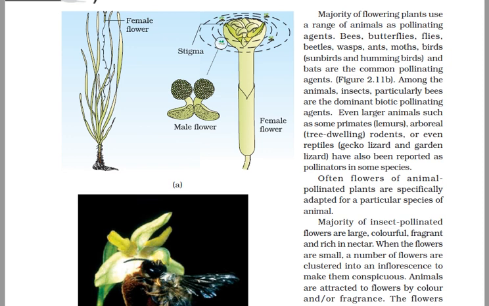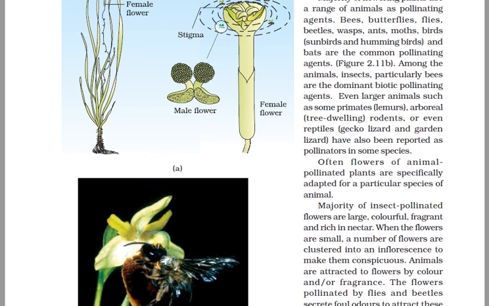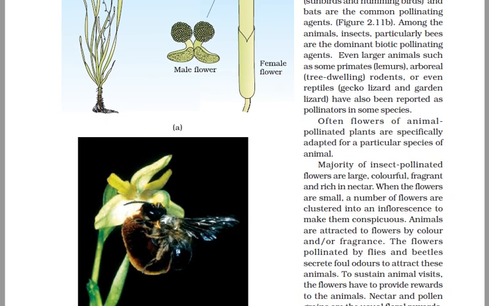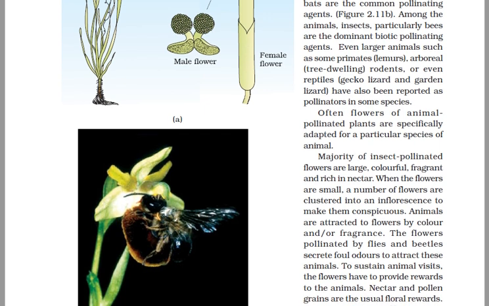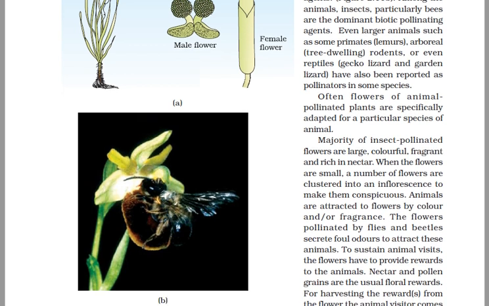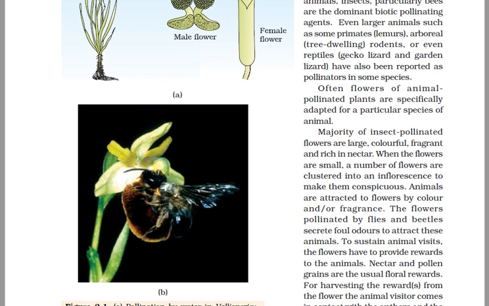And these insect pollinated flowers show a good fragrance also, just to attract the insects. Then many insect pollinated flowers can have a foul odor also, but even with the foul odor, some of the insects get attracted to it, and they help in the process of pollination.